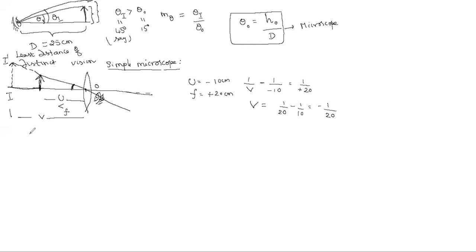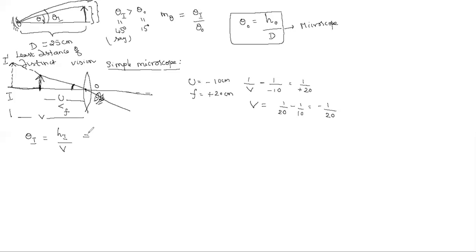The angle made by the image, theta I, equals I dash by OI. I dash means the height of image, H_I, by OI, which is v.